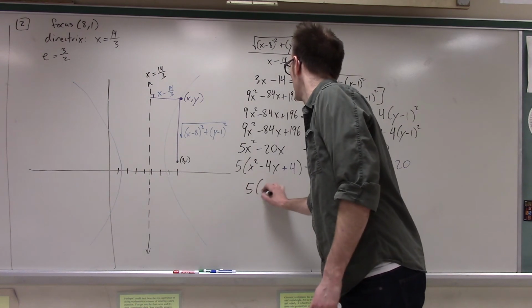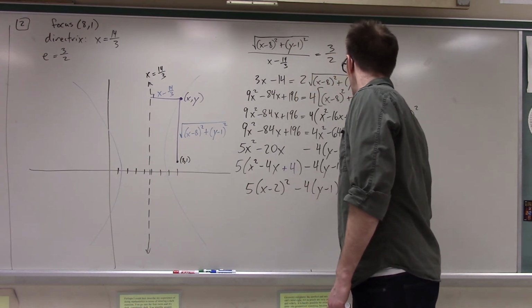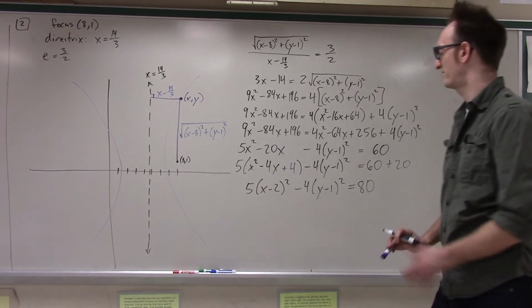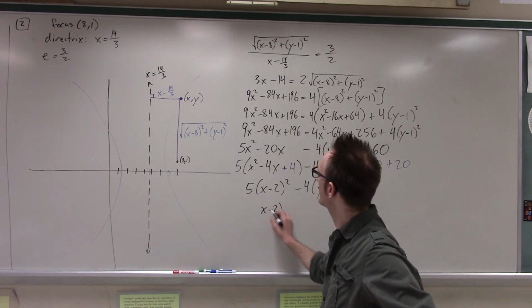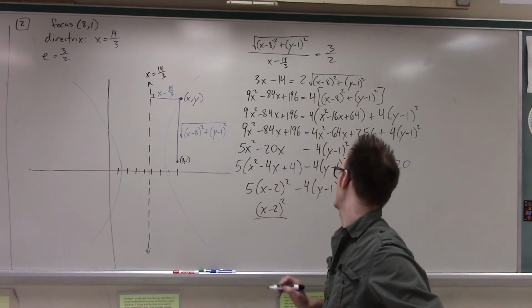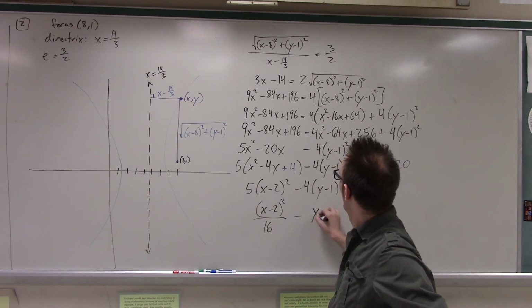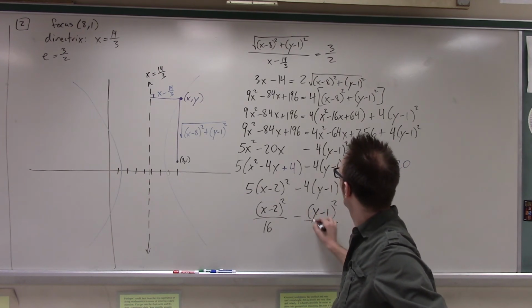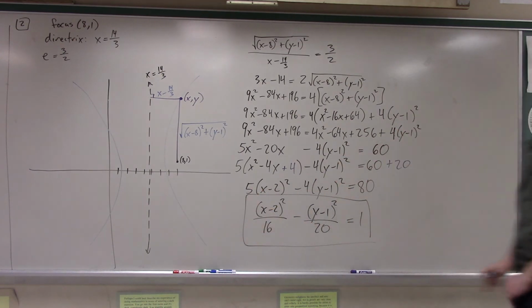So I get 5(x minus 2) squared minus 4(y minus 1) squared equals 80. And if I divide through by 80, I get relatively nice, not totally integer, but (x minus 2) squared over 16 minus (y minus 1) squared over 20. I think that looks familiar.